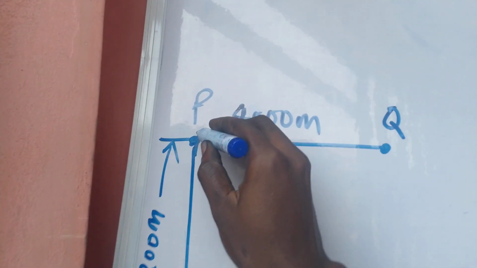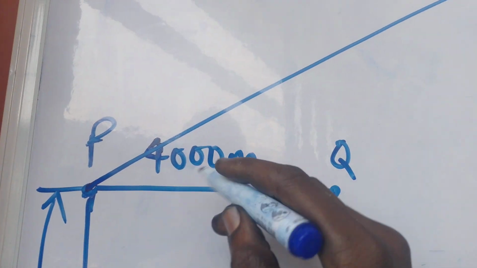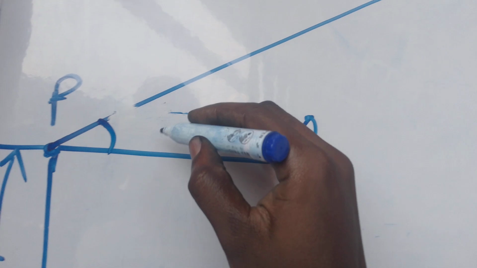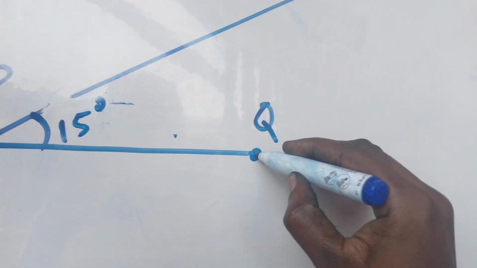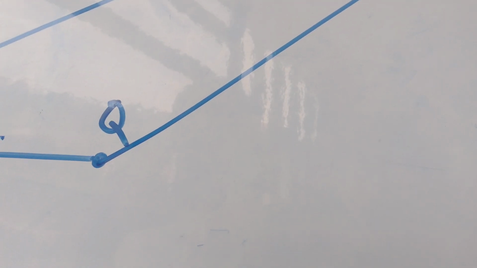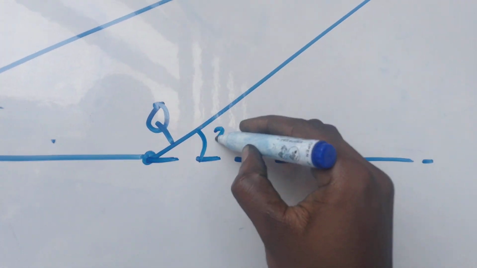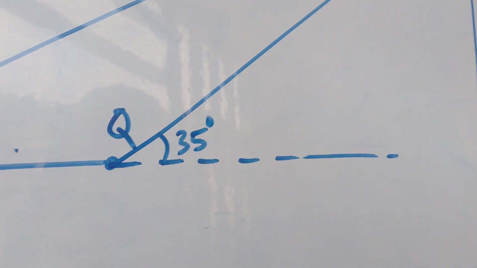So I'll take P with respect to the top of the hill. The angle of elevation is 15 degrees. And then Q with respect to the top of that hill, the angle of elevation is 35 degrees. Alright?